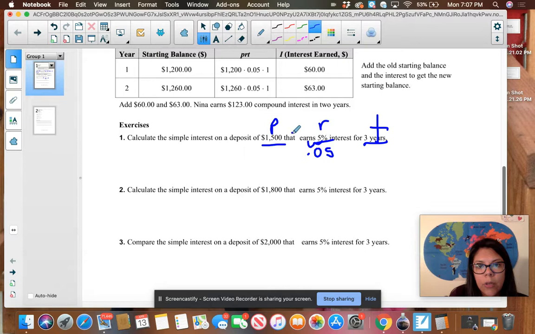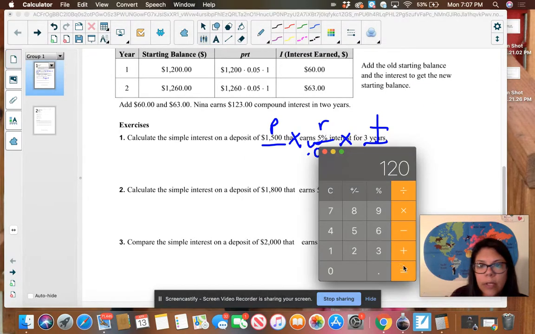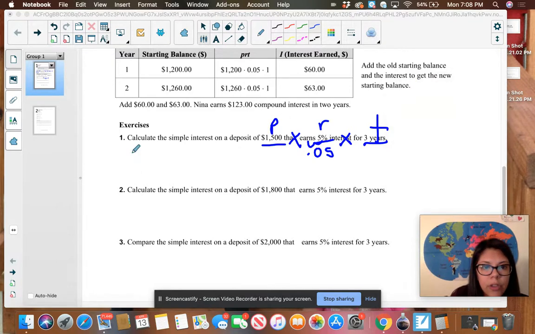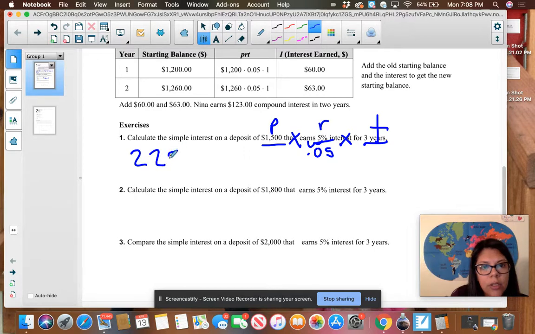We're going to multiply all of that, P times R times T. So let's get our calculator. 1,500 times 0.05 times 3 is 225.